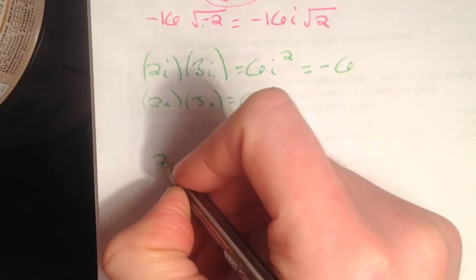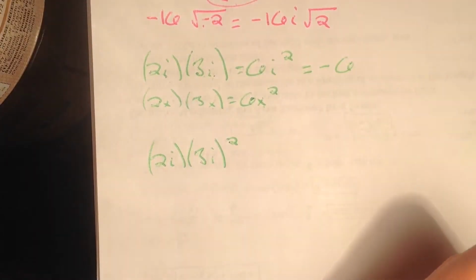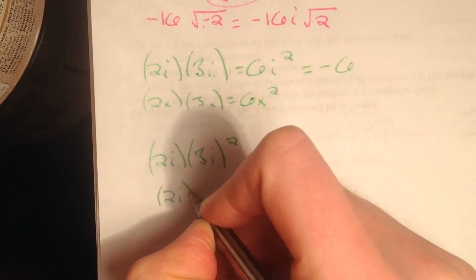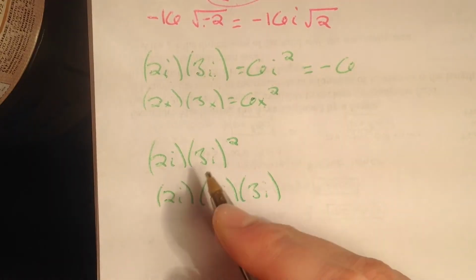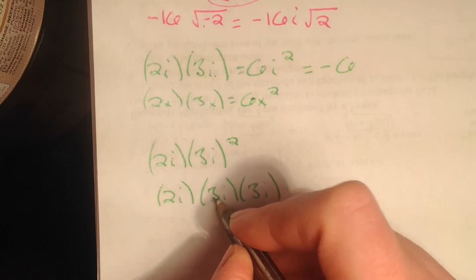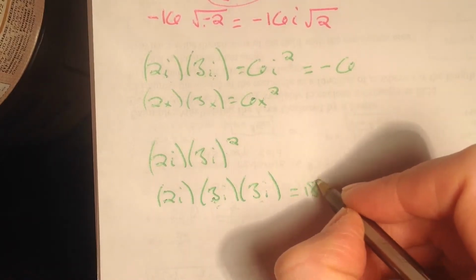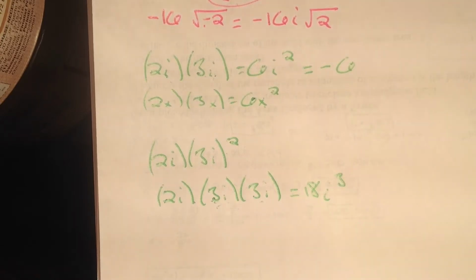If, for example, I had 2i times 3i squared, this would be the same thing as 2i times 3i times 3i, because there's 2 of them. 2 times 3 is 6. 3 times 6 is 18. i times i makes 3 i's, or i cubed.